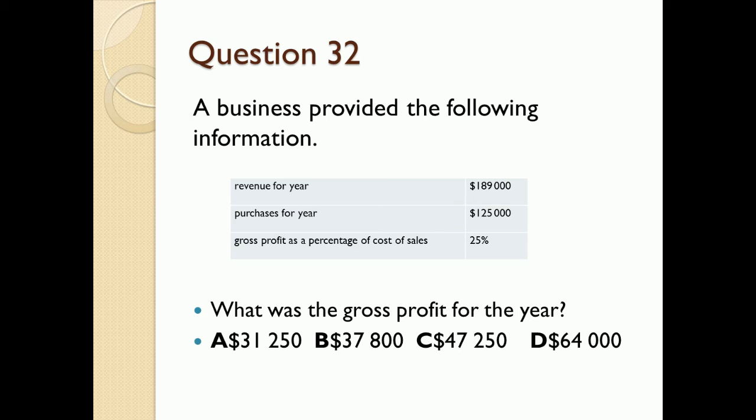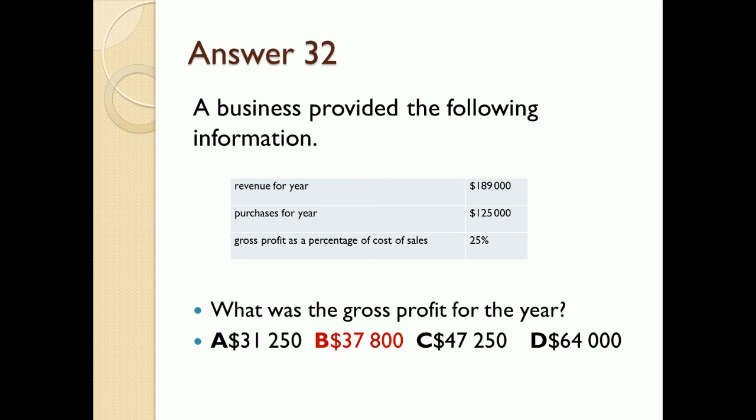So if we want to calculate the cost of sales, we simply divide 189,000 by 125%. So we will come to know the 100% value, which is cost of sales. After calculating that value, just multiply that amount, the answer, with 25%, then you will arrive at your answer.